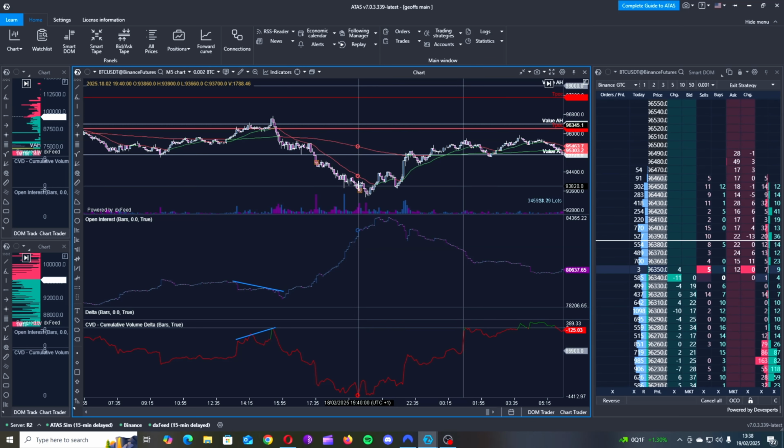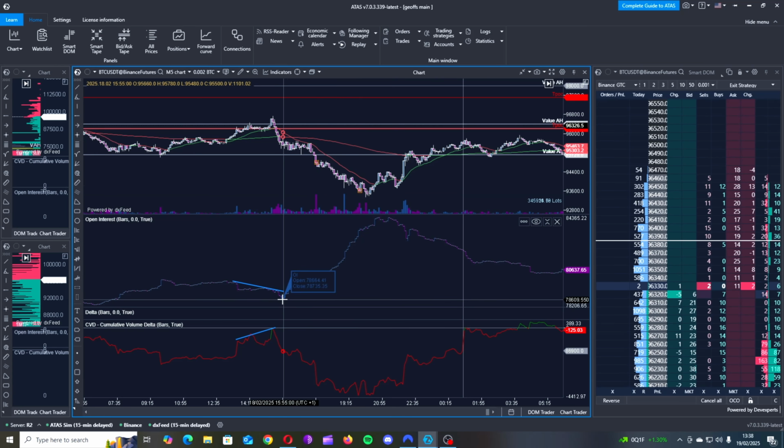But then we also get another sort of, not a divergence, but as you can see here, open interest was declining. So people were stopping the longs if they were longing up at the top there.